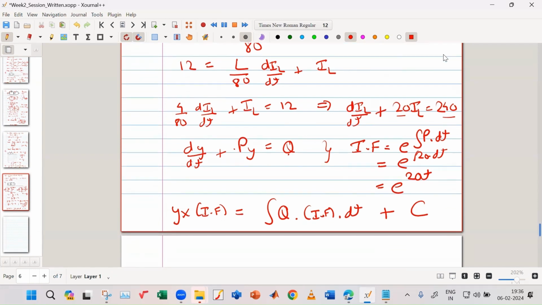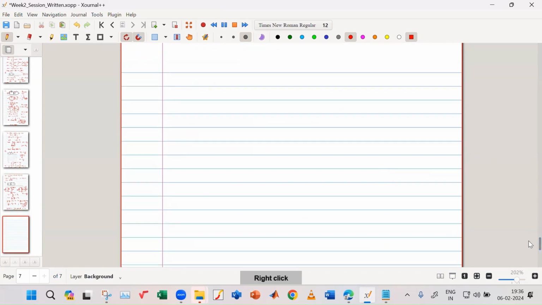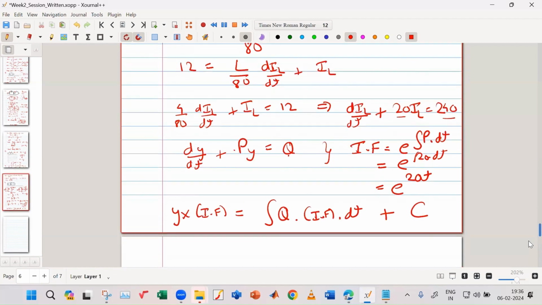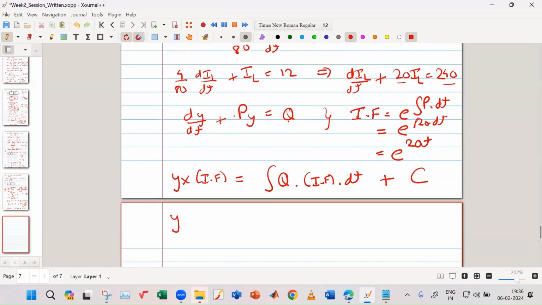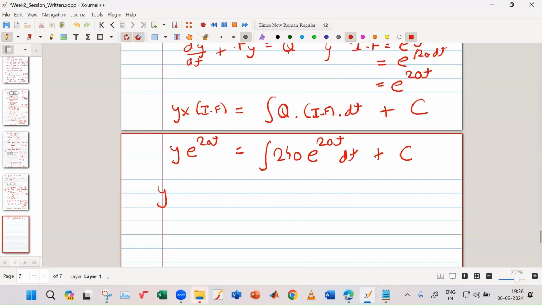Okay. So that comes out to be y into e raised to 20t equals integration of q, that is 240 into e raised to 20t into dt plus c. This is not y actually, it is IL, but let it be.